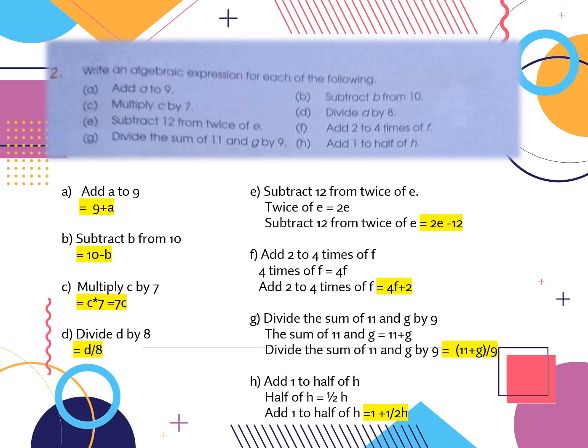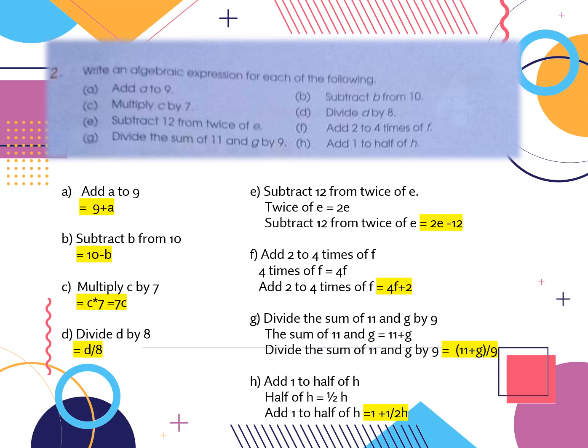Now in part E, we have to subtract 12 from twice of E. Now here, first we need to know the expression for the twice of E. Twice means double. So the expression for the twice of E is 2E, because 2 is going to multiply by E. Now we have to subtract 12 from twice of E. So the expression becomes 2E minus 12.